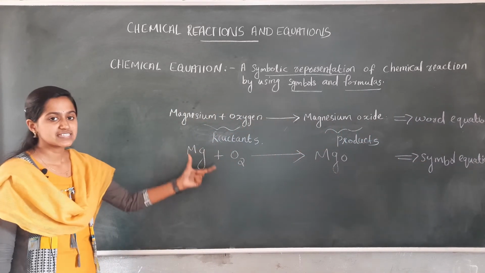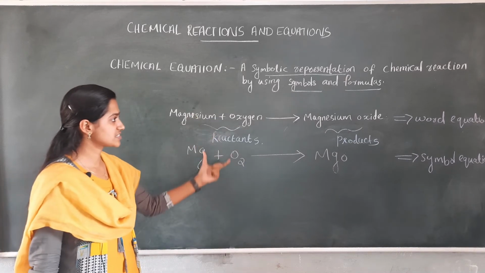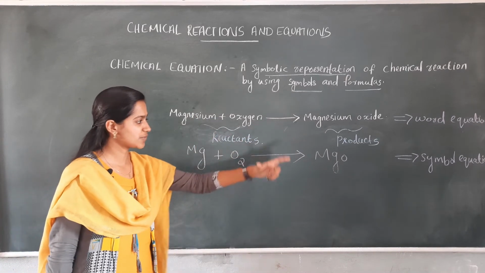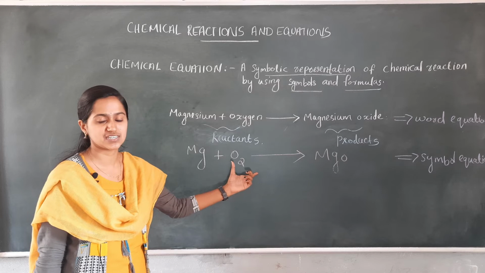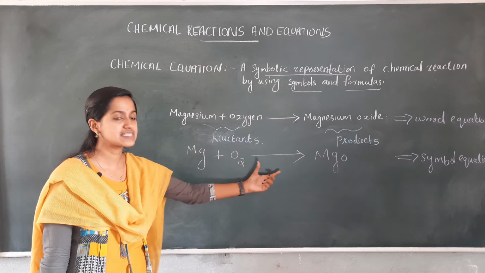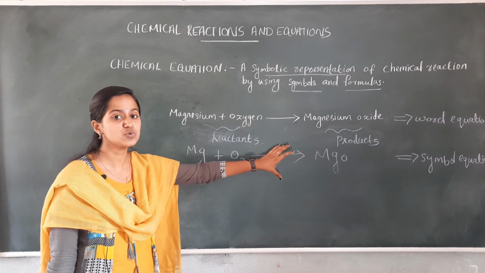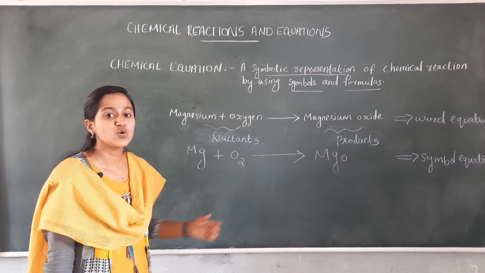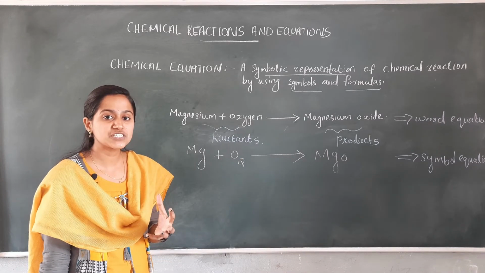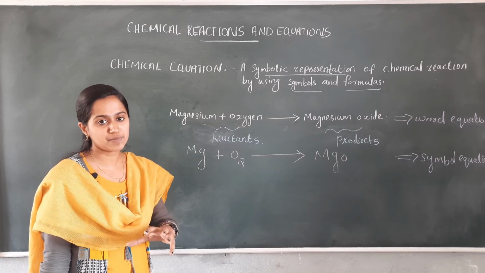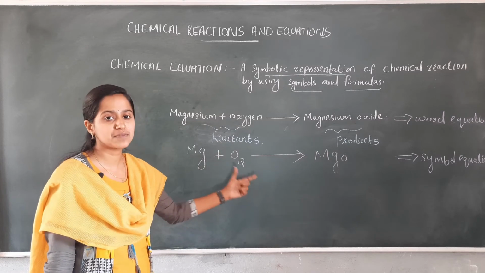So the same chemical reaction can be represented using a word equation and a symbol equation. Generally, we use the symbol equation for representing a reaction because it is convenient. In the same manner, we can represent the reaction between lead nitrate and potassium iodide using a symbol equation.